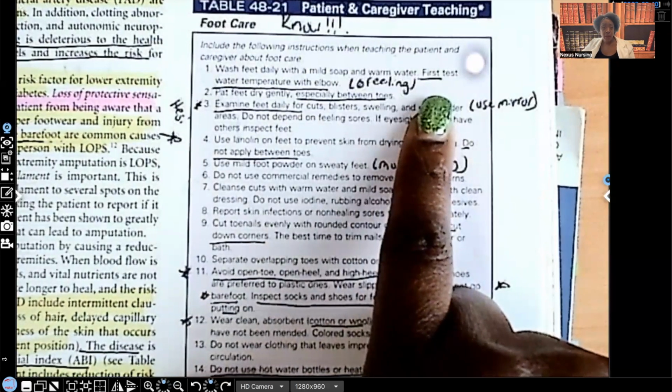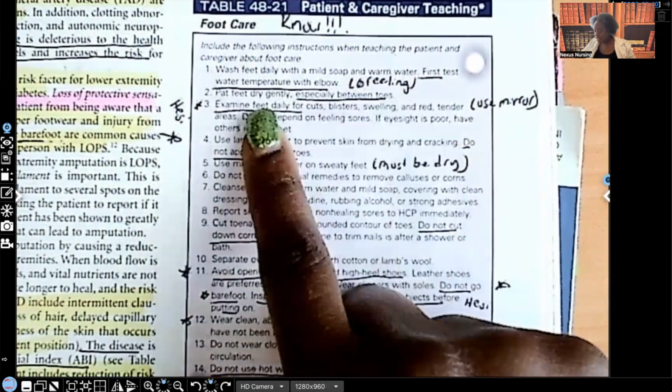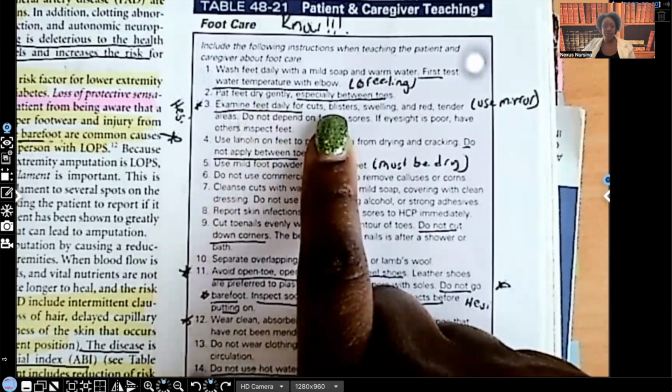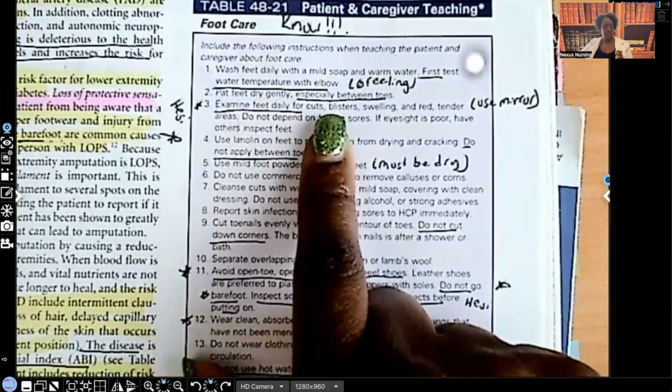Remember, they have peripheral loss of sensation. So if they use their finger, they may not feel that the water's too hot. That's why you teach them to use their elbow, because they lose feeling in the periphery, okay? Teach them to pat the feet dry gently, especially between the toes. And as students, you guys tend to get this confused.